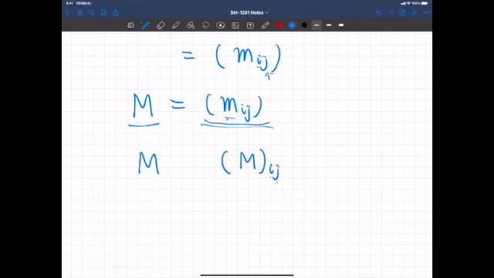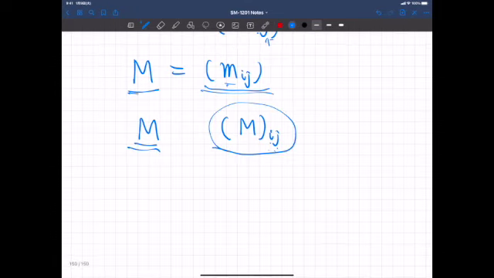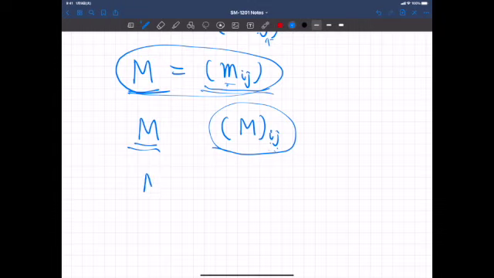So the ij element of matrix M is represented as this. If we define a matrix like this, then we may write M ij is equal to this lowercase mij. So the element is this. Okay.